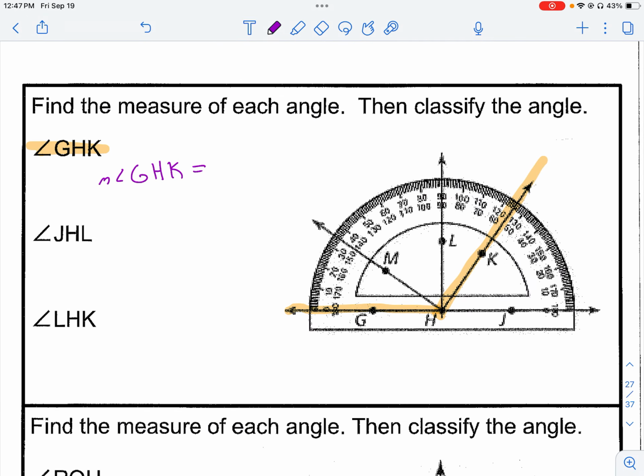I know my protractor isn't all that readable, but it's halfway between 120 and 130, so it's 125 degrees. Angles are always measured in degrees for our purposes. 125 degrees is greater than 90 but less than 180, so it is an obtuse angle.